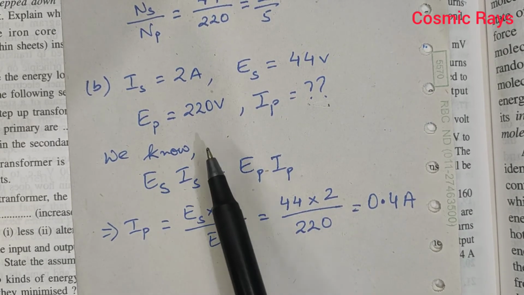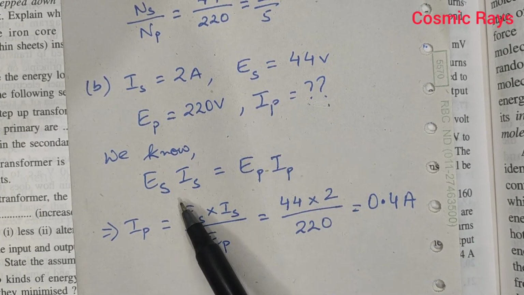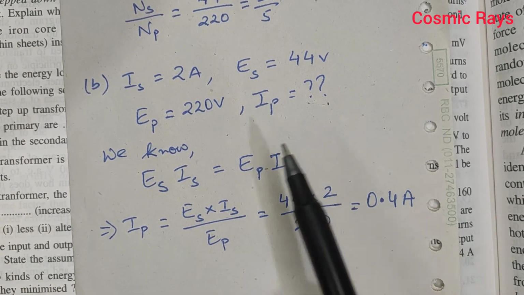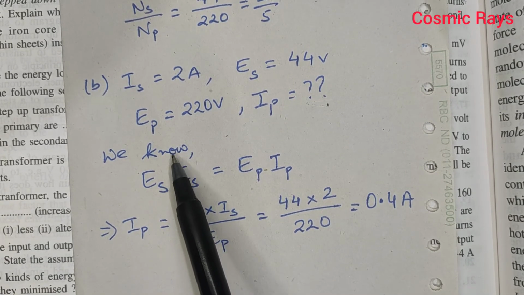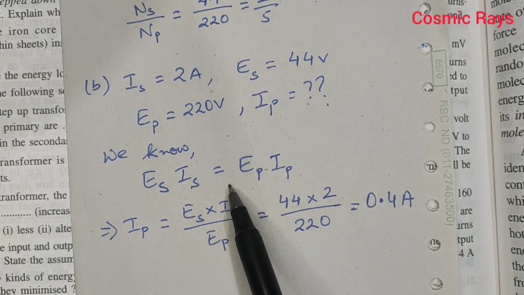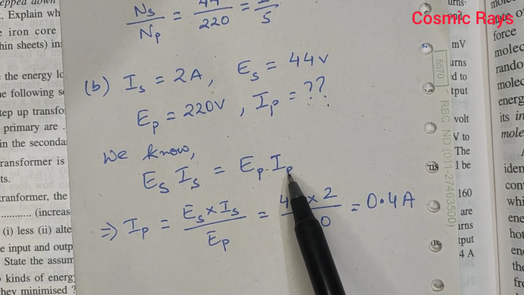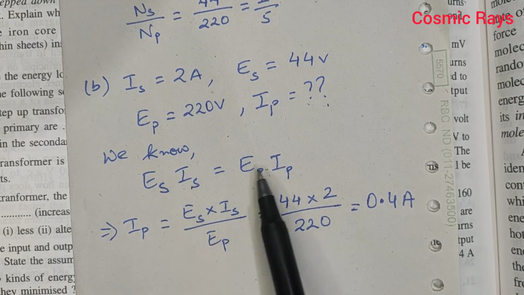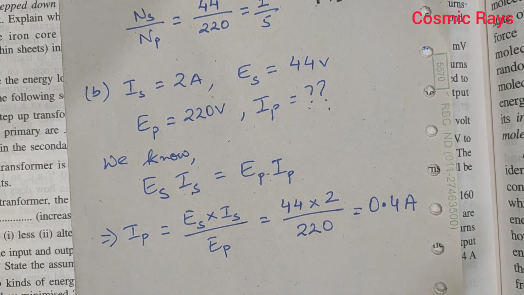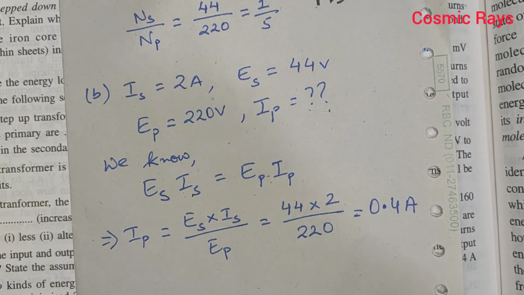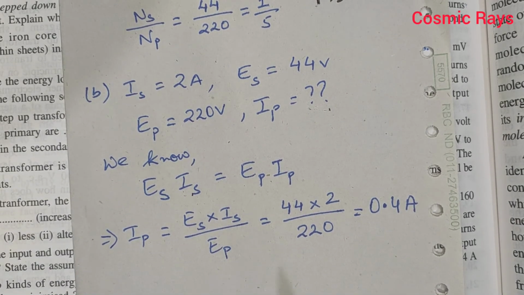So here, instead of number of turns, we are using the current at the secondary and current at the primary part of the transformer. So that relation is Es multiplied by Is is equal to Ep multiplied by Ip. Basically this is the multiplication of voltage and current at the primary, which will be equal to the voltage and current multiplication at the secondary side of the transformer.